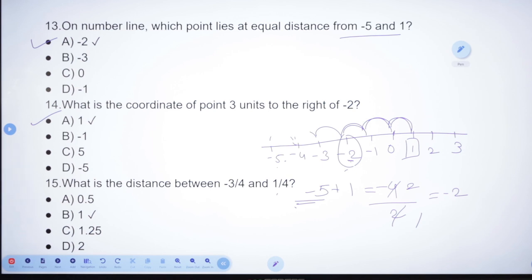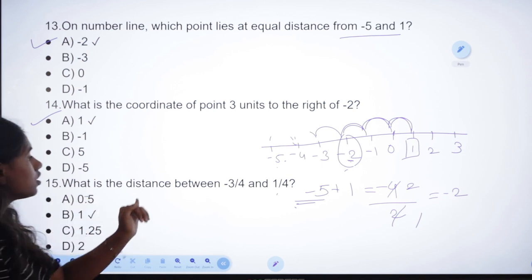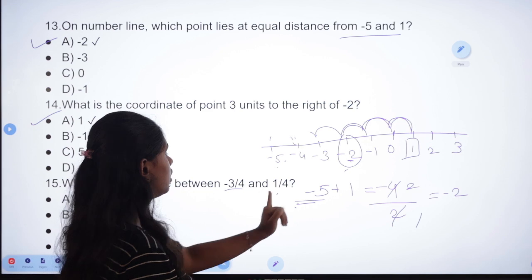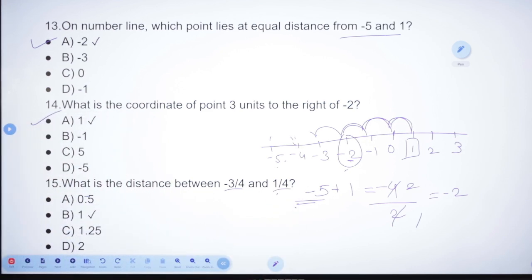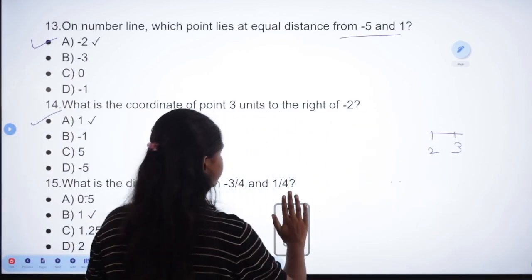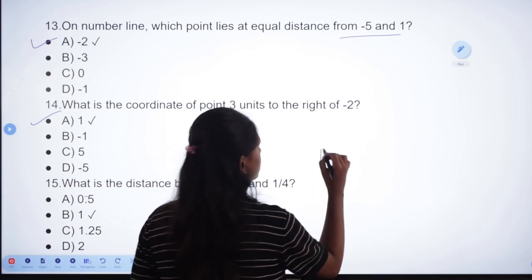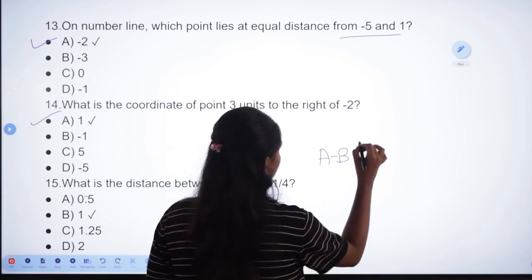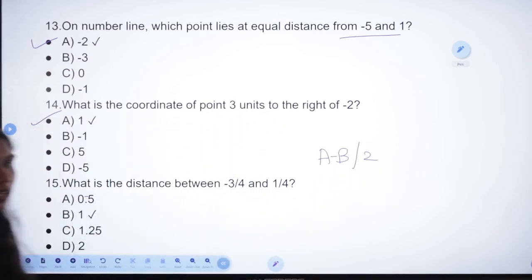Then next, what is the distance between -3 by 4 and 1 by 4? Now what is the formula for finding distance? That is A minus B, or A plus B?